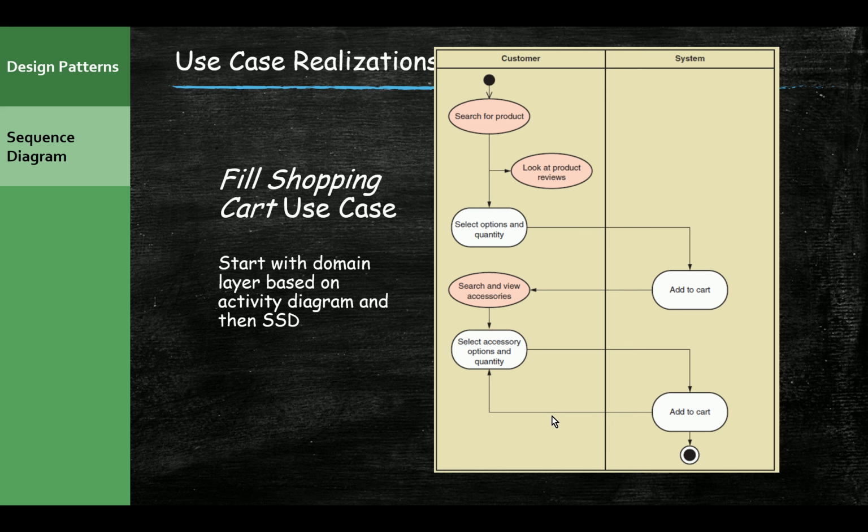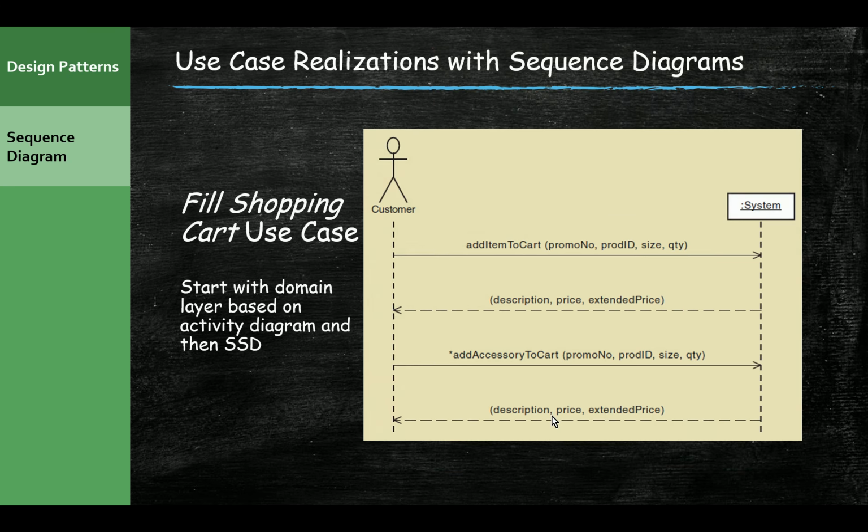This is a communication diagram. So the customer object starts by searching for a product, looking at product reviews, and then selects options and quantity. They add it to their cart, and so forth and so on. So we're gonna expand on this a little bit. So here's our customer interacting with the system to fill their shopping cart, as an example.